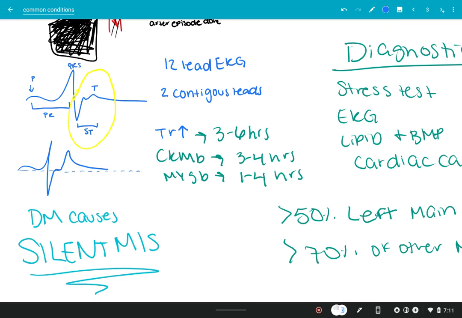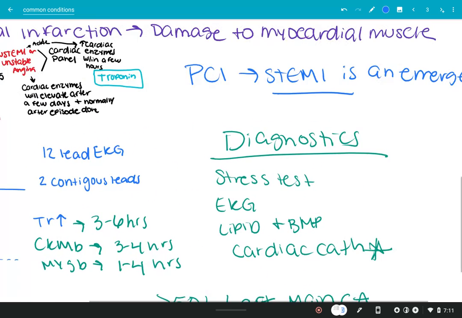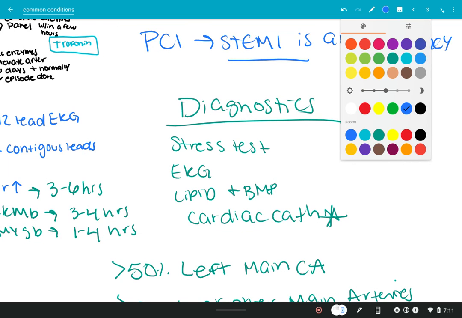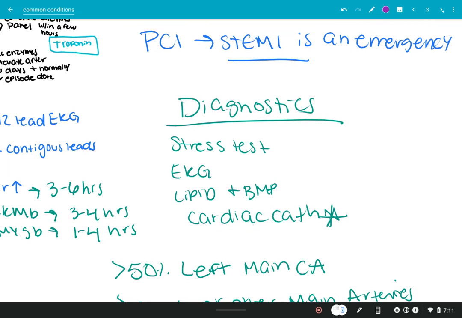When we're doing a 12-lead EKG, let's do a different color. Pathological Q waves equal a previous MI. Okay?